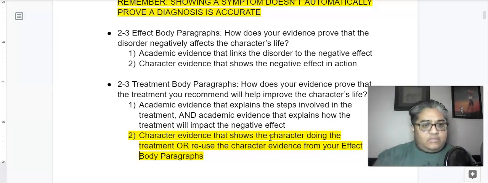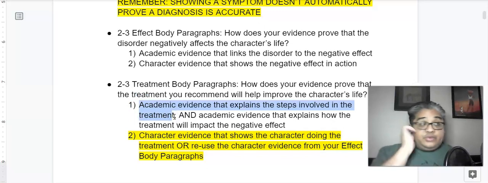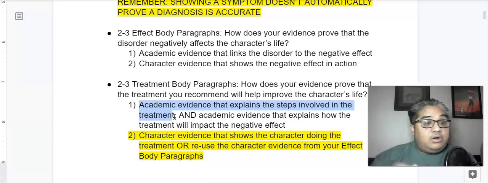So, in terms of academic evidence for each treatment body paragraph that you plan to write for your research paper, I would definitely recommend choosing academic evidence that explains the steps that are involved in the treatment, that really walks readers through, here's step 1, here's step 2, here's step 3, however many steps there are. Here are the steps that need to be taken in order for this treatment to be put into action.